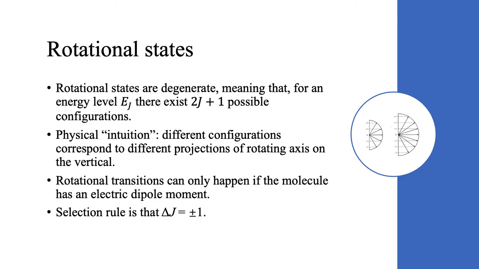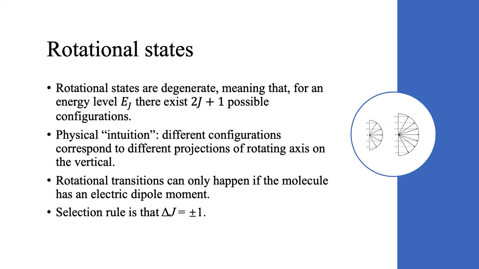It doesn't have the attributes that we humans give it. Degenerate means that there can be different physical configurations corresponding to the same energy levels. Vibrational states are not degenerate. One vibrational state has to have that particular configuration. For rotational states, that's not quite true, and they can have different configurations.